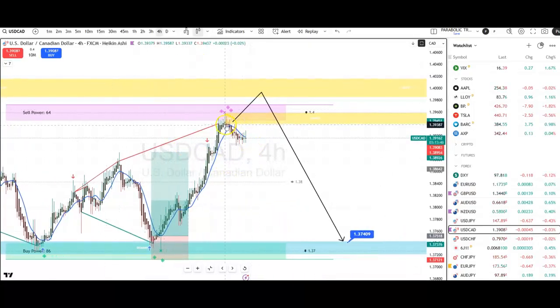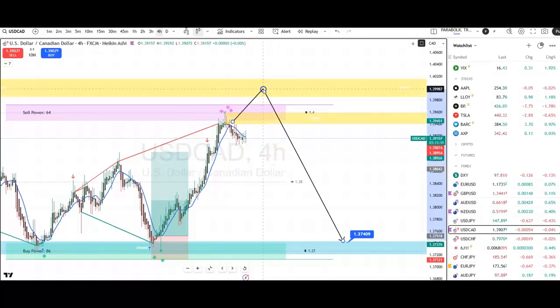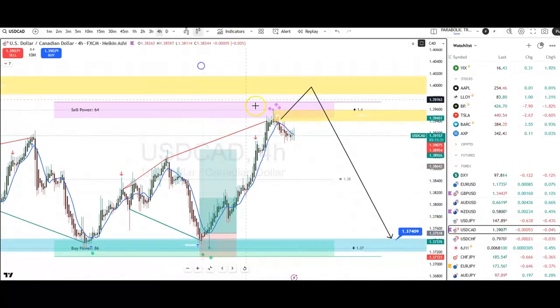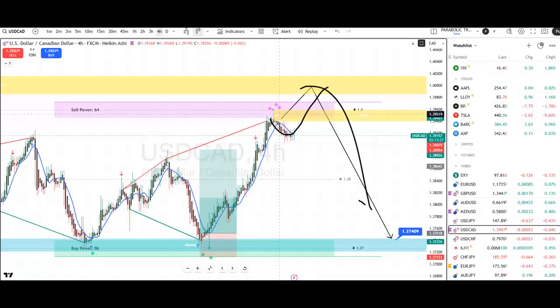This one is going back a few hours. So this one at the top here at 139, 140 on the US Canadian is highly significant, much more significant than this area of supply. So whilst we do have a potential sell-off here, we'd have to accept that this area here could go back up into this area before it does that.